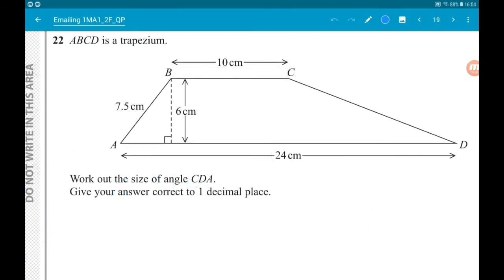Okay, number 22, so quite a tricky one. So we have a trapezium, and our job is to work out the size of angle CDA to 1 decimal place. So, first of all, let's work out what we're trying to find.